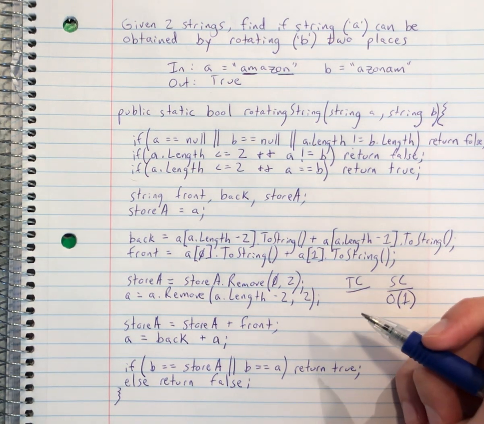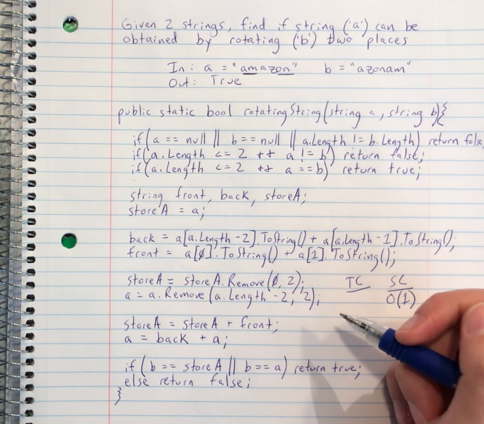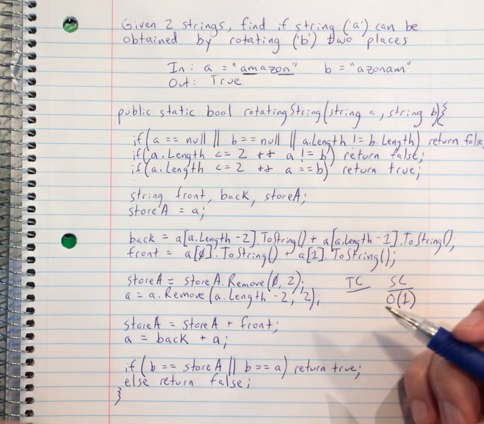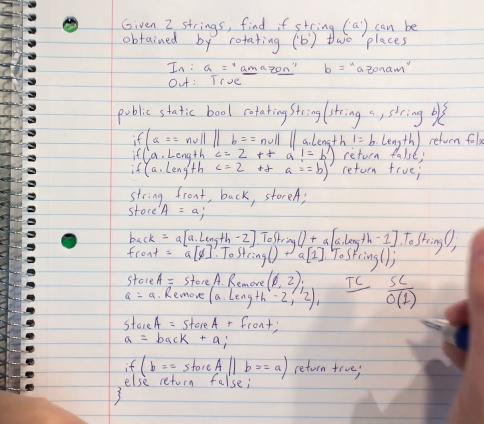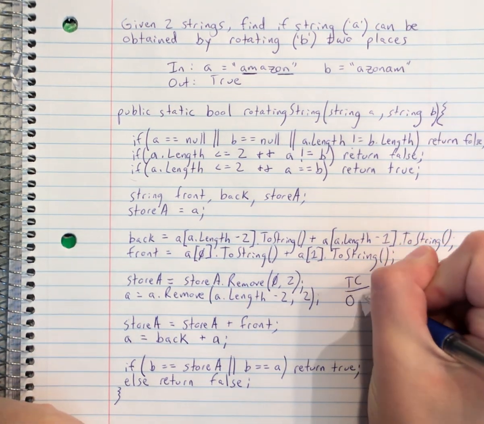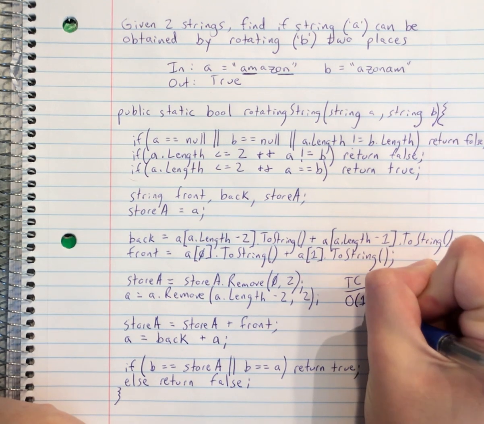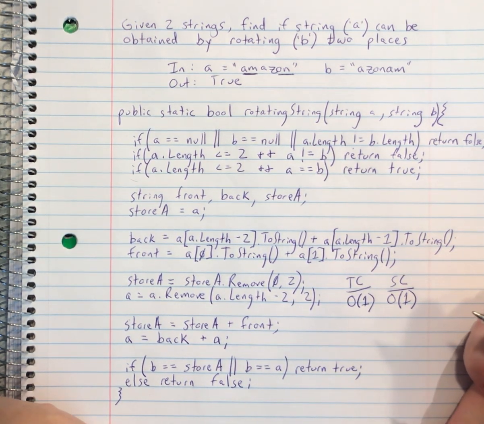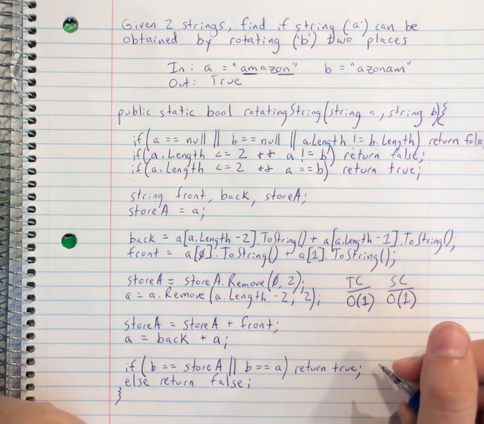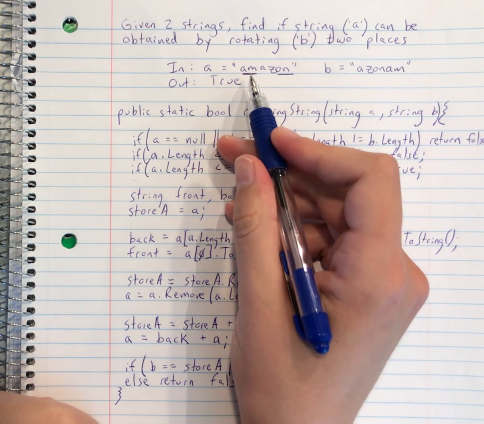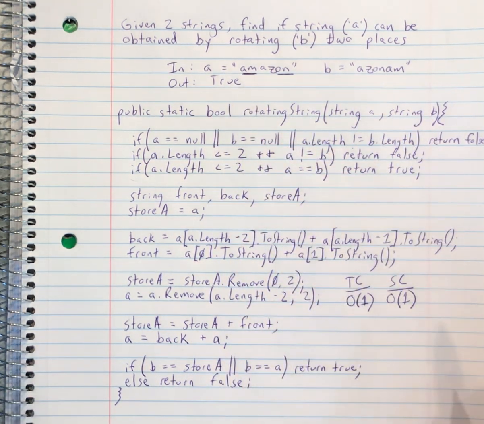So the number 2 does not depend on n, which means the time complexity of my algorithm is constant. That's pretty awesome. Okay, so let's run this through and double check our logic.